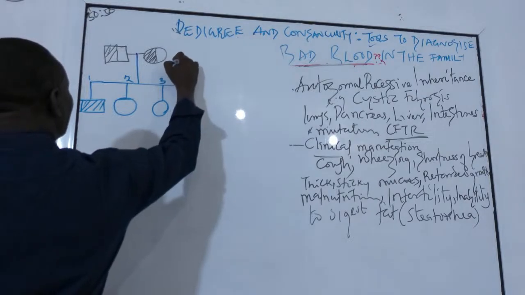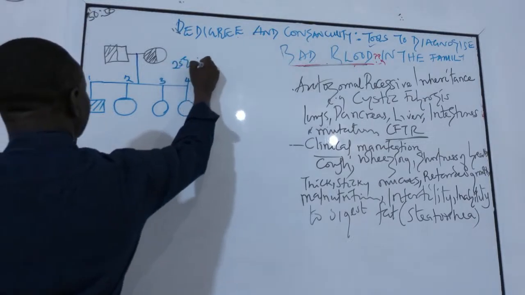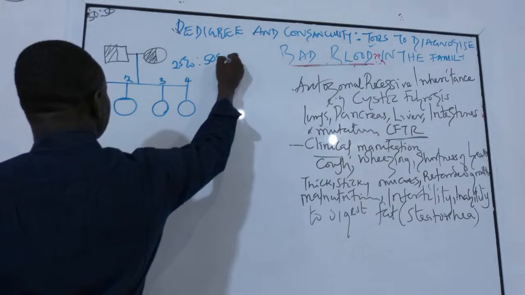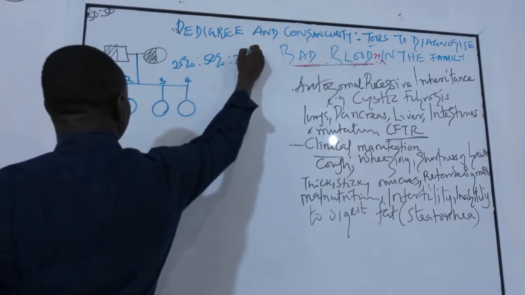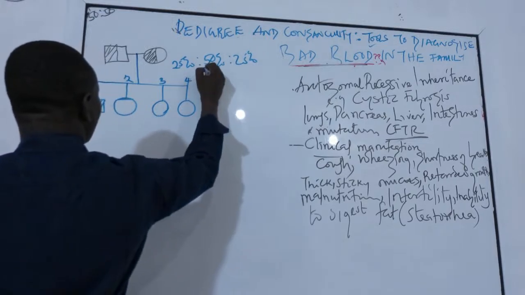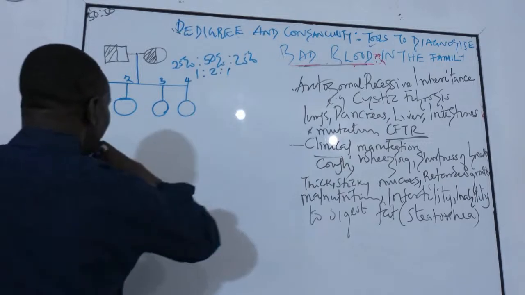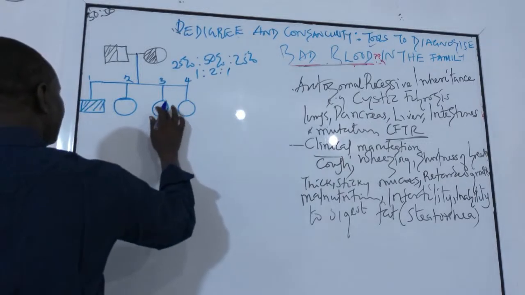So their own is going to be 25%, ratio 50%, ratio 25%, which is the same thing as 1 to 1.